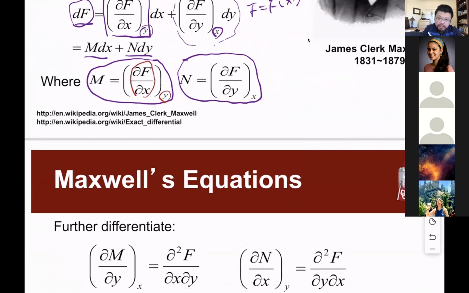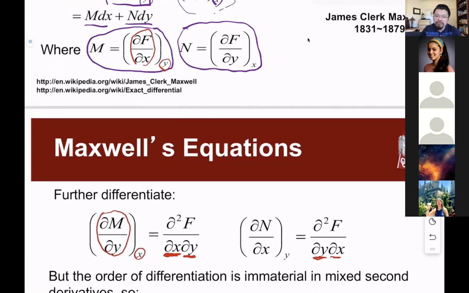Now I take the turn to y and take the second order derivative, dM over dy, keeping x fixed. So this is the order: firstly, we take the derivative with respect to x, then we take care of y. And on the other side for N, we take the first order derivative with respect to y, and then think about x.